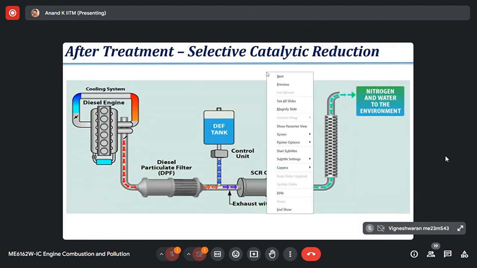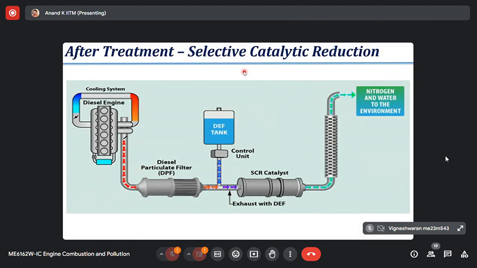So this is a typical selective catalytic reduction system, SCR system, which we use to control NOx in heavy duty engines. In a selective catalytic reduction system, what you have is DEF, which is diesel exhaust fluid.